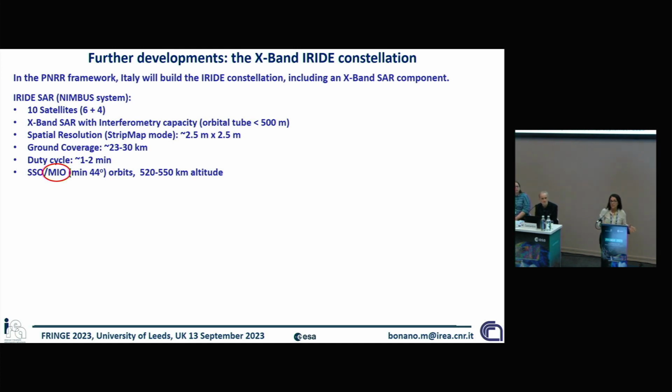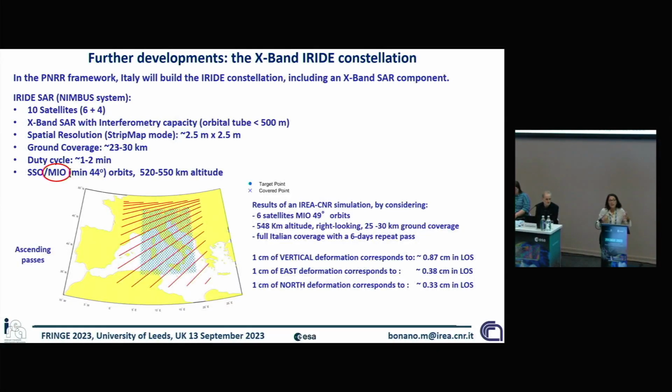Thanks to this characteristic, IREA-CNR started some simulations on these datasets. For example, we made a simulation considering 6 satellites with a medium inclination orbit of 49 degrees and 6-day repeat pass, and these are the results. So we can get some more information on the deformation, also because we can get some information relevant to the north component that at the moment is not easy to detect with sun-synchronous orbits.